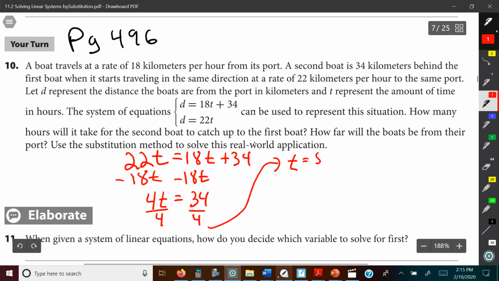But how many kilometers would that be? So I need to figure out what that D is. So I'm going to take D is equal to 22T and replace the T with 8.5.